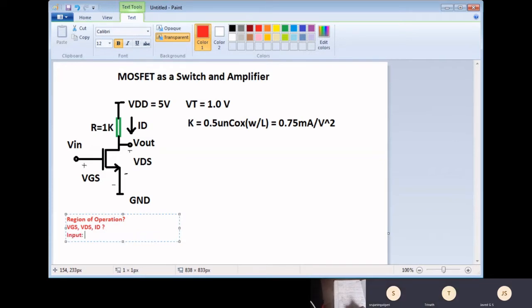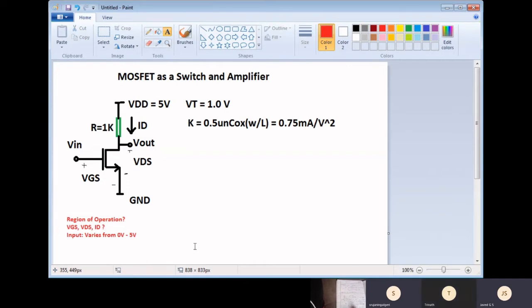The input varies from 0 volt to 5 volt. Let's solve this as a first step, because we will learn by doing problems this way.